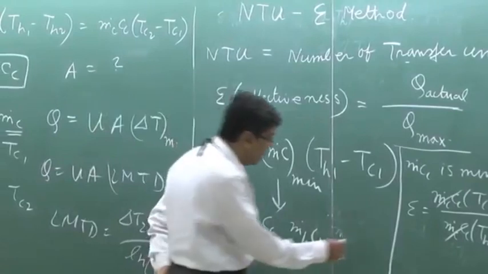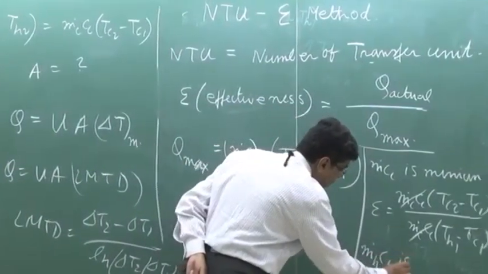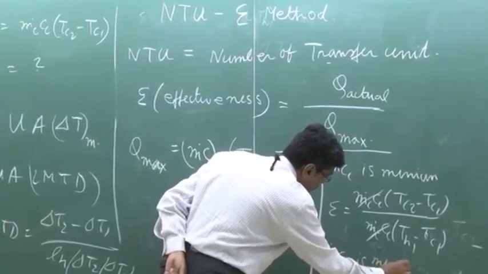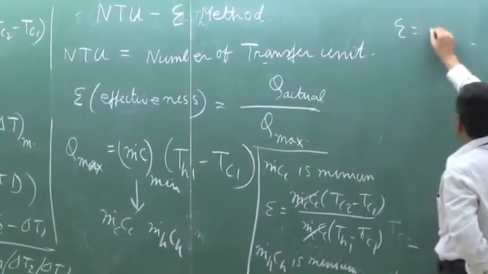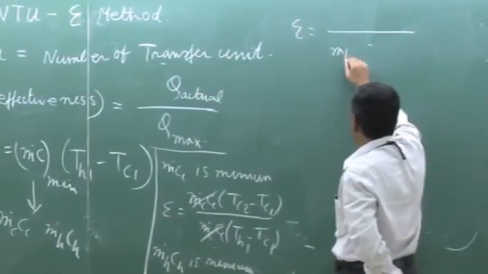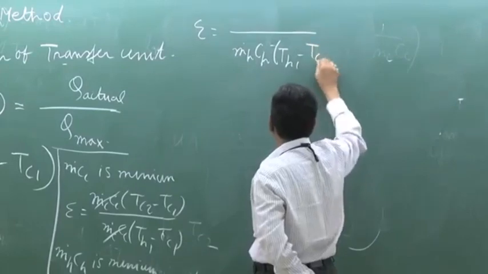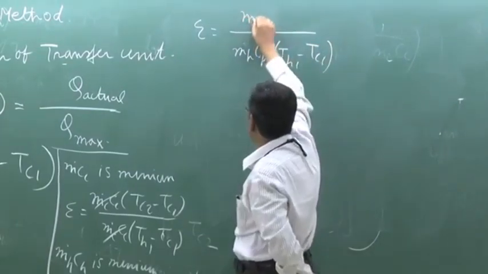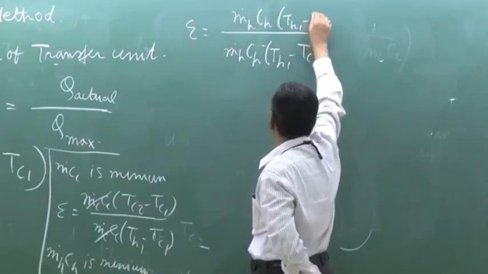Similarly, if m dot Ch is minimum, then epsilon is m dot Ch into Th1 minus Tc1, and I will write here m dot Ch as Th1 minus Th2.